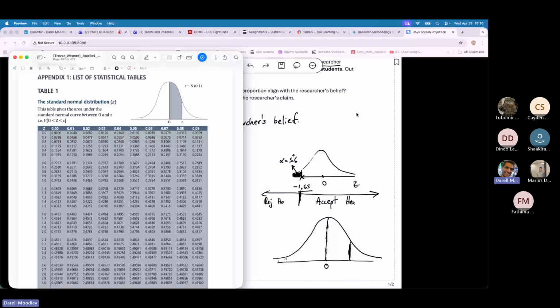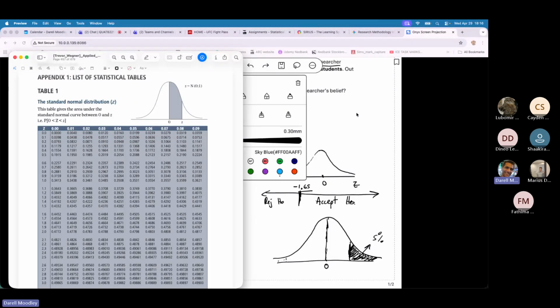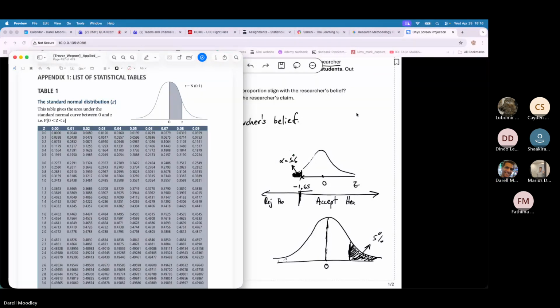So what we know is that the area on the end of the tail is 5%. And if this area is 5%, then the remaining area on the right of 0, which I'll shade in blue, this area here, has to be 50% minus 5%, because everything on the right of 0 is 50%. So if you remove this black area from 50%, you're left with the blue area, which is 45%.